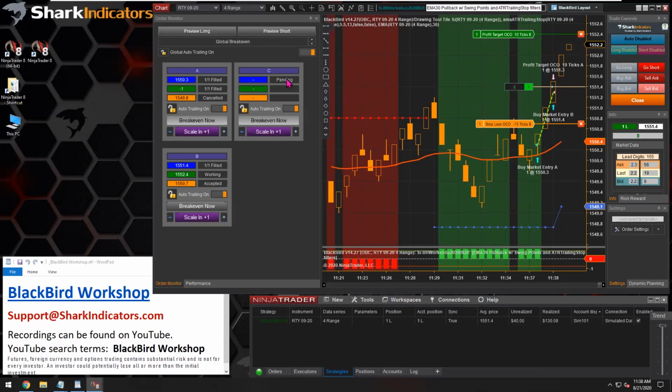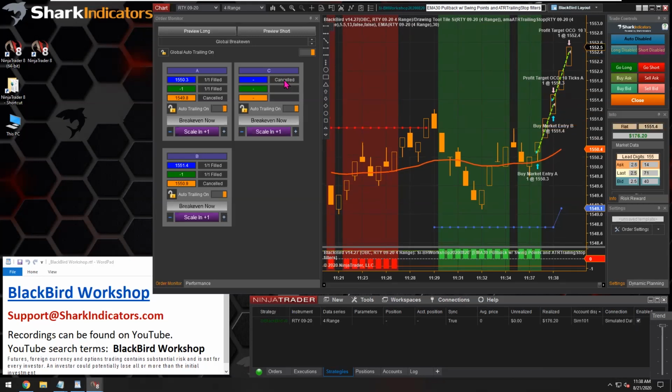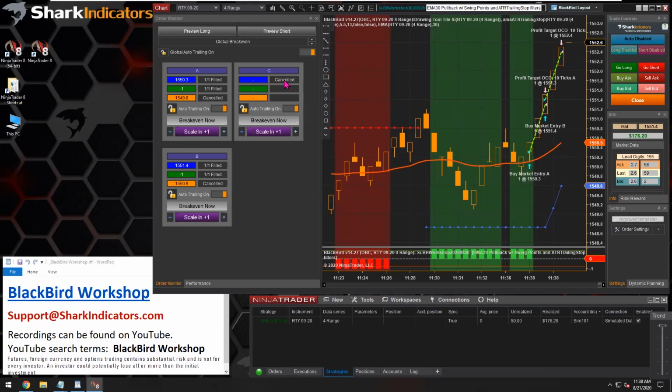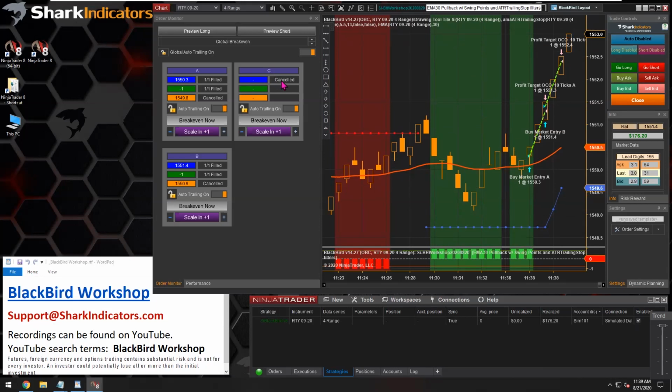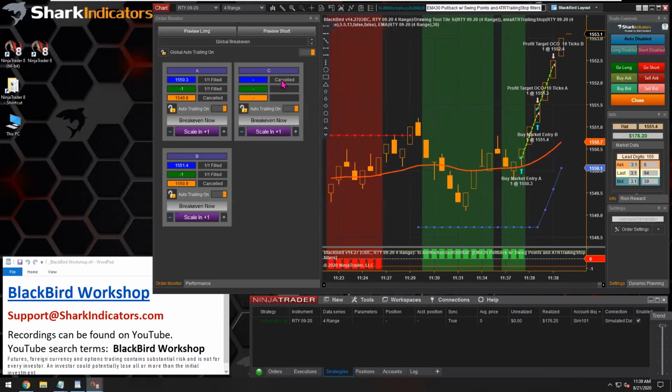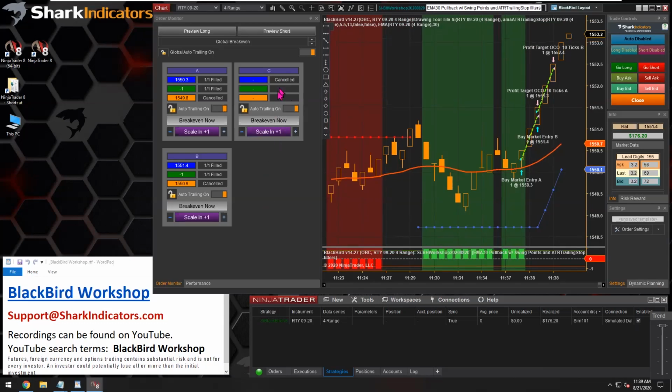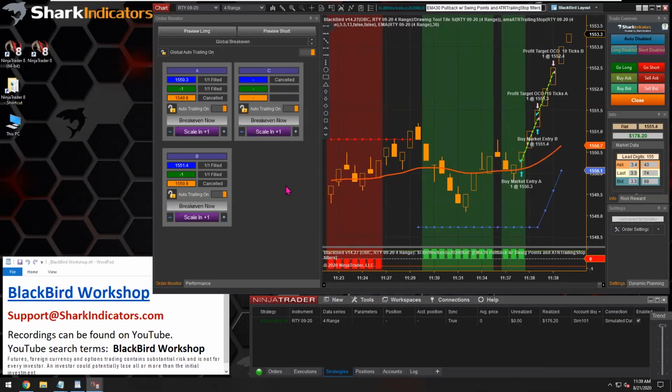So again, it's this pending state that creates the problem with this workaround. Obviously you don't want to leave some kind of entry order in a pending state indefinitely.